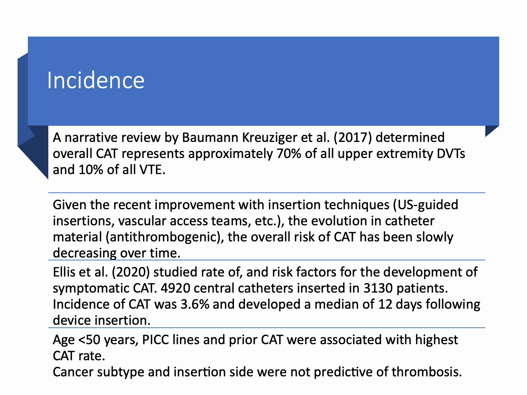They also determined that age less than 50, PICC lines and prior catheter-associated thrombosis were associated with the highest catheter-related thrombosis rate. Cancer and the type or subtype of cancer and insertion site were not predictive of thrombosis in this particular review.